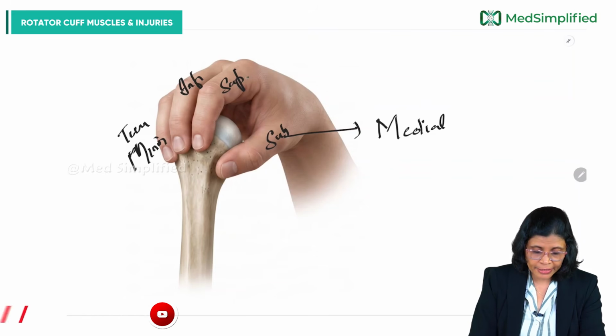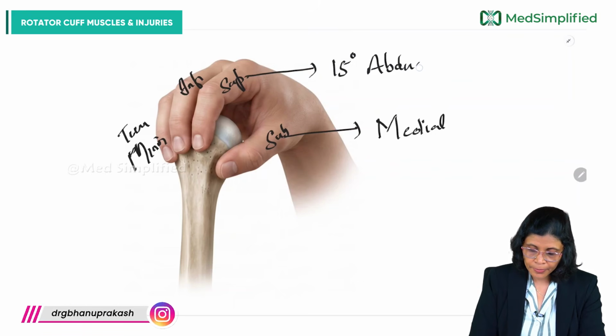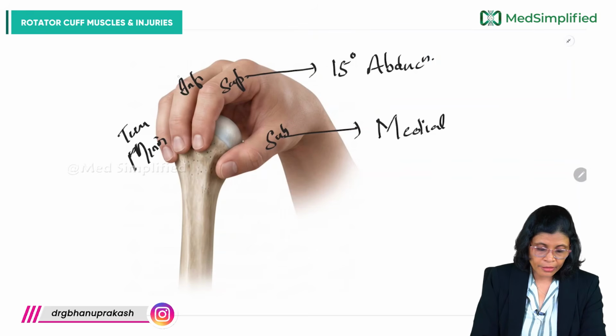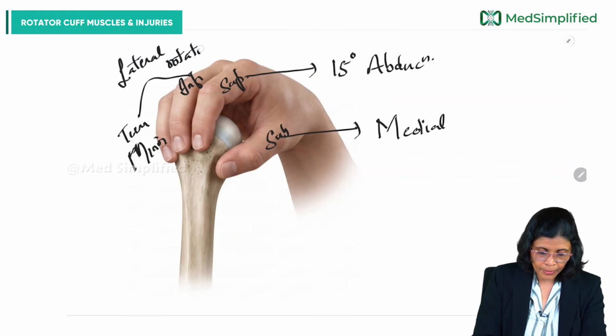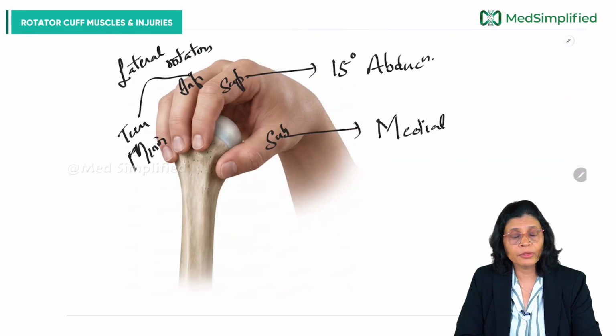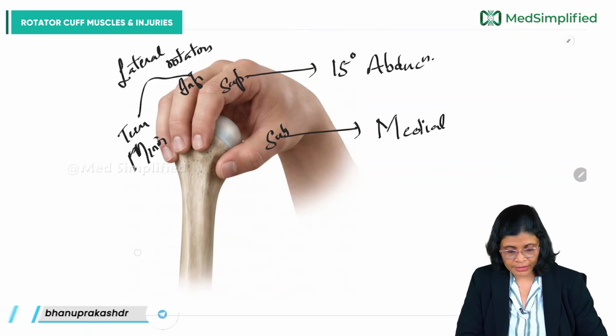The supraspinatus mainly brings about the first 15 degrees of abduction. Infraspinatus and teres minor are mainly the lateral rotators. So those are the movements and actions of these muscles.